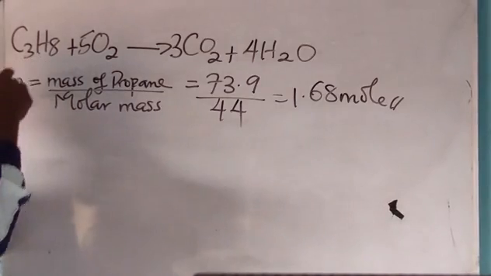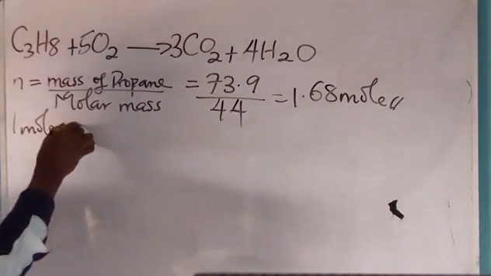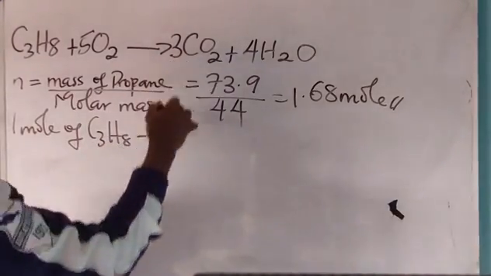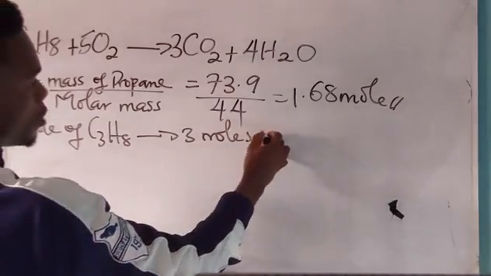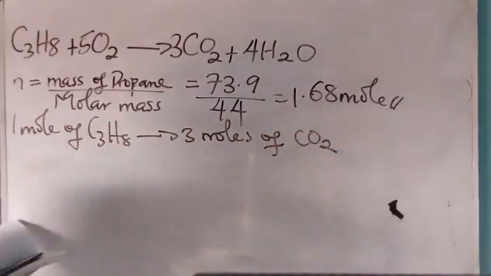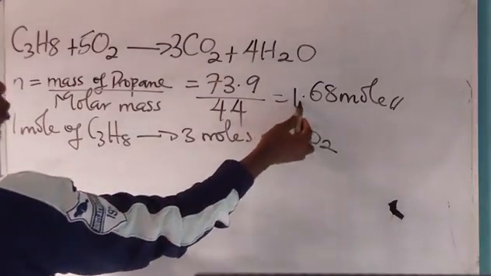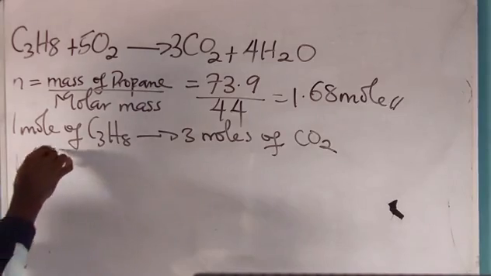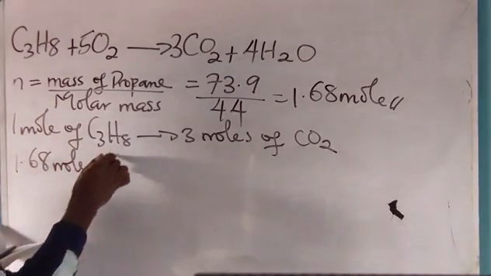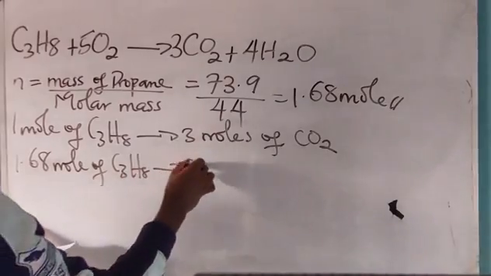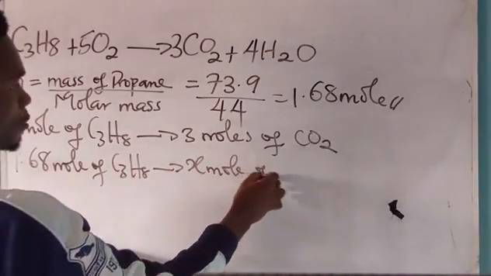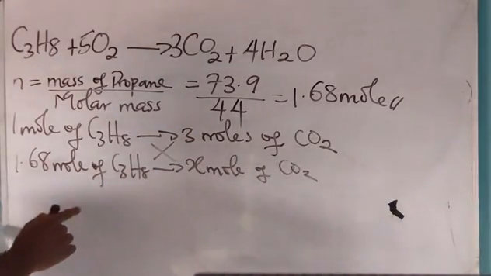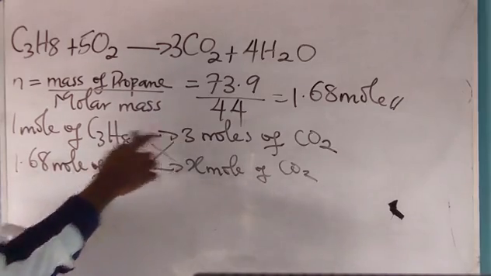Therefore, 1 mole of propane will give 3 moles of carbon IV oxide. Then 1.68 mole of this will produce x mole of carbon IV oxide. So you cross multiply: 3 times this divided by 1.